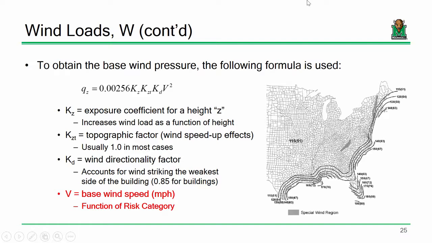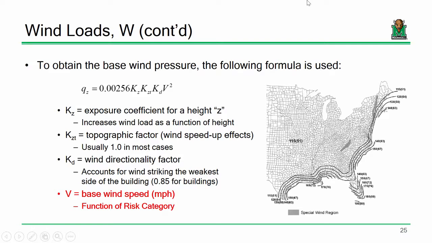We have point 1, which is the building, so we're trying to determine the pressure on the building due to a fluid, the wind, at point 2 that's hitting the building with a particular speed, with a particular velocity. So we plug in the unit weight of air, and then we throw in a unit conversion to convert a velocity in miles per hour into a pressure in pounds per square foot, and there you go.